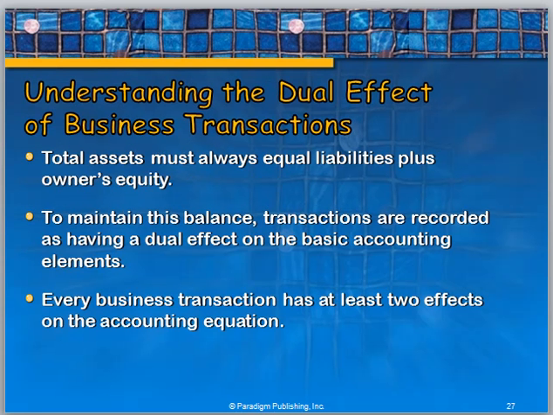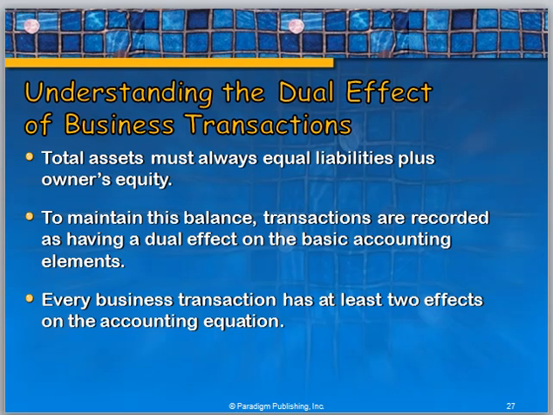Business transactions have a dual effect on the organization. We've already said that the accounting equation, assets equals liabilities plus owner's equity, must always balance. To maintain that balance, transactions are recorded as having a dual effect on the accounting elements.